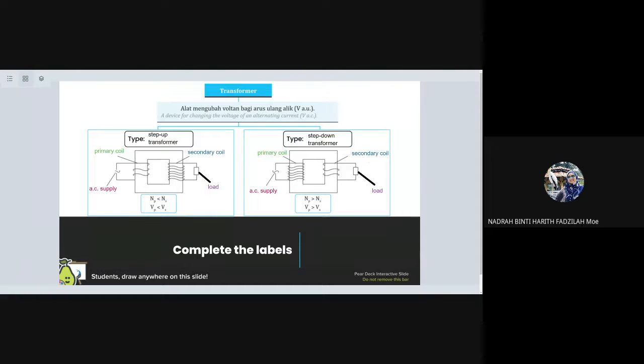Jadi bila kita tengok dekat step down transformer, vice versa lah, kita nampak primary coil have larger number of coils, secondary coil ada sikit je dia punya coil. So kita tahulah voltage dekat primary coil is larger than voltage at the secondary coil.